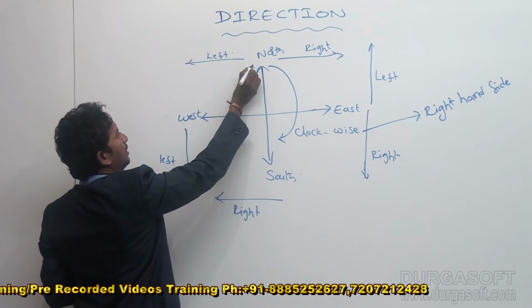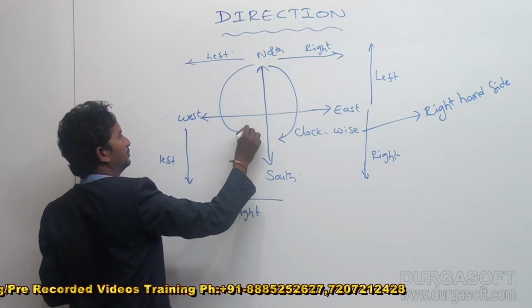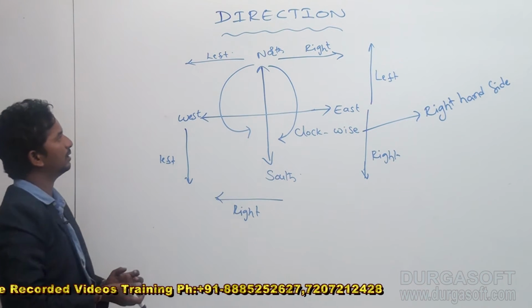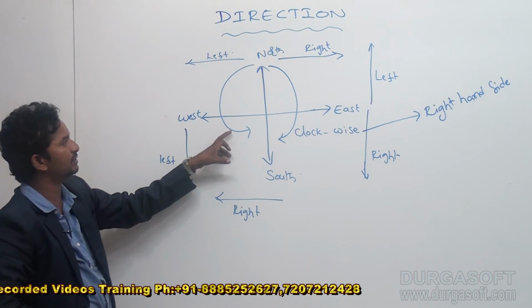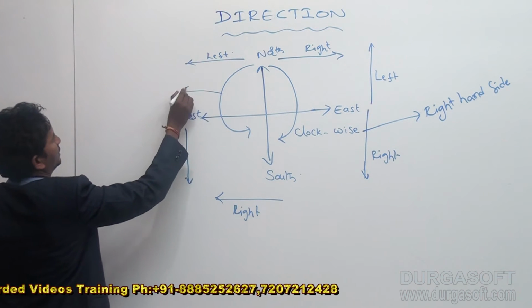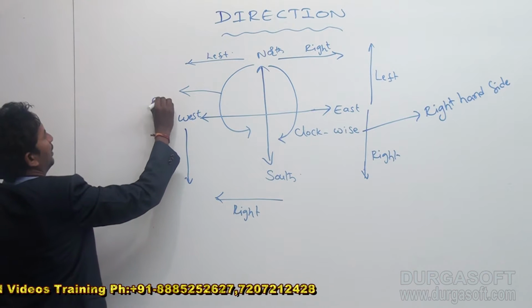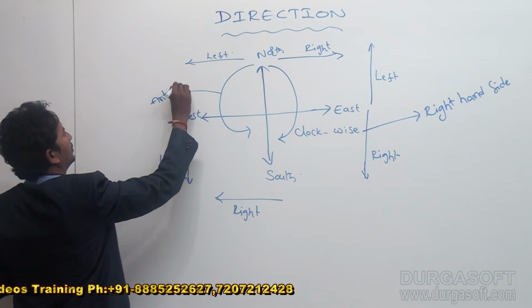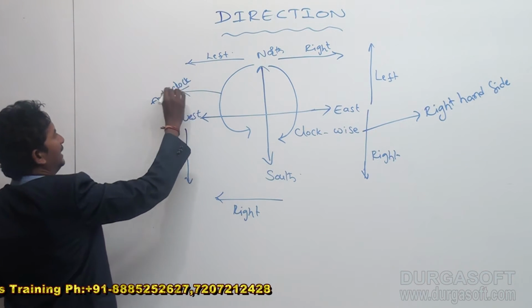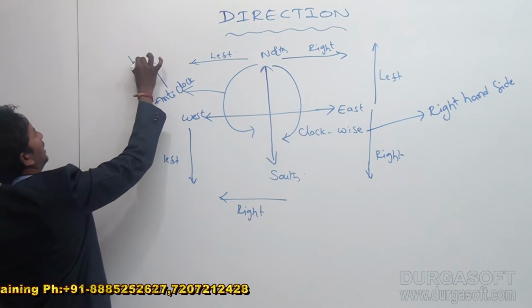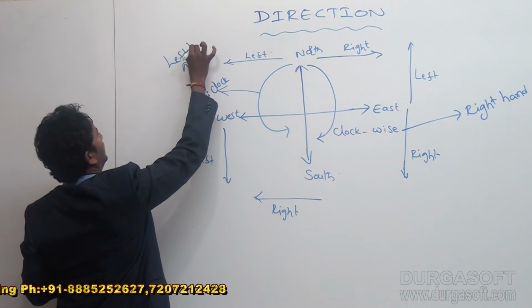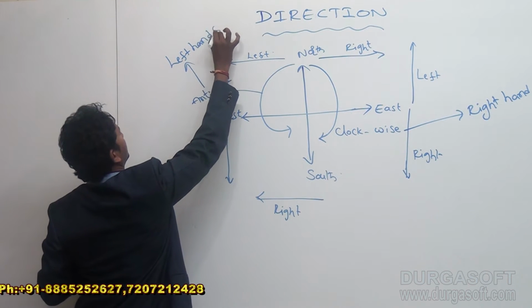Now coming to the left side, north left is the anti-clockwise direction. This is the anti-clockwise direction. So the anti-clockwise direction is called the left hand side.